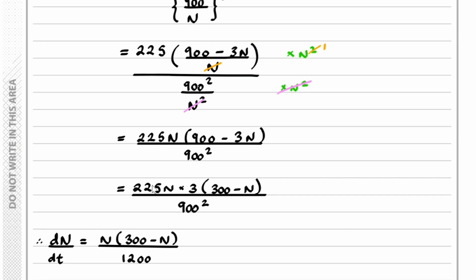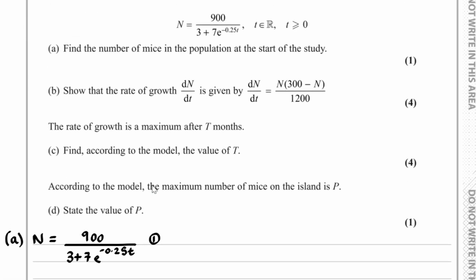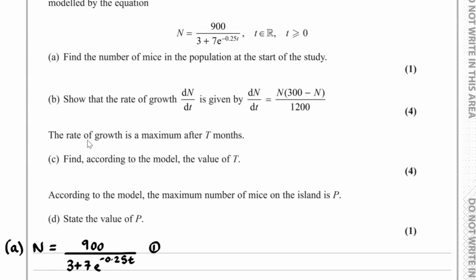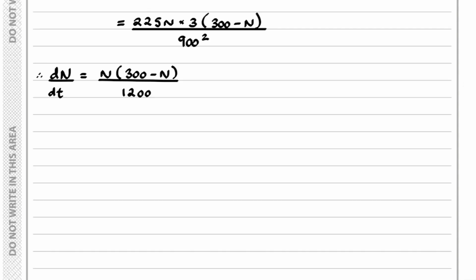And now for the next part, the rate of growth is a maximum after t months, and we have to find, according to the model, the value of t. Before we do anything else for part C, I'm going to rewrite dn over dt as 300n subtract n squared over 1200.